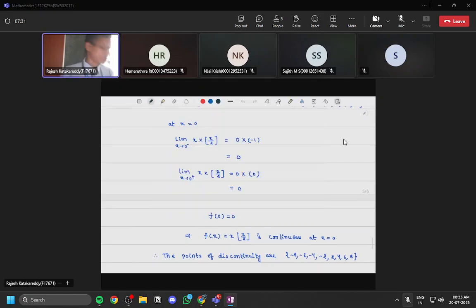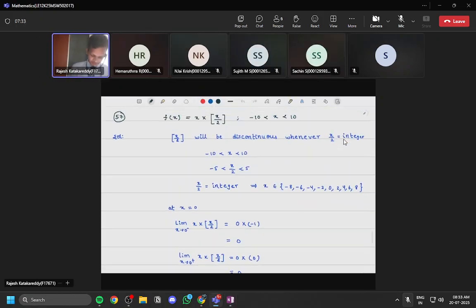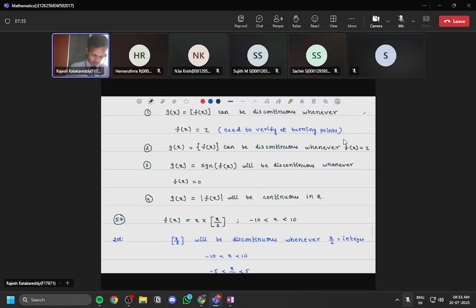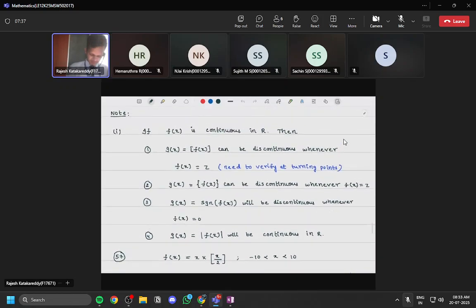Today's class we are starting with one small correction. In the last class I told with conviction that g of x equals greatest integer of f of x will be discontinuous. When I went home and checked again, there are some points where even though f of x is continuous, greatest integer of f of x is an integer and the function is continuous.